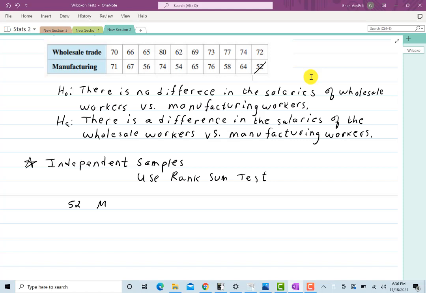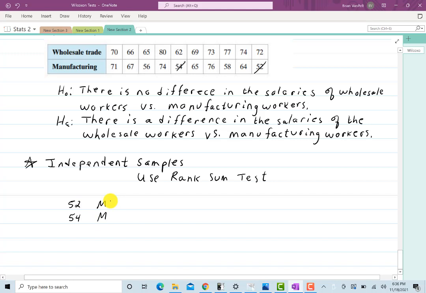So either one of these samples could be connected with N1 versus N2. So I've got my 52. Now let's go and see if I can find all of the rest of the numbers. I think the next one on the list is 54. And that's once again from the manufacturing section.